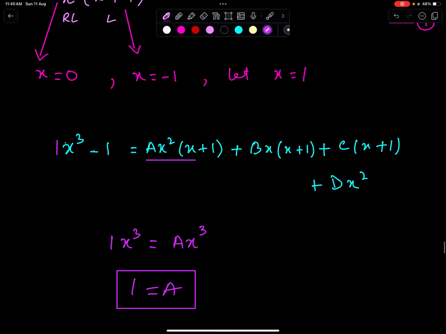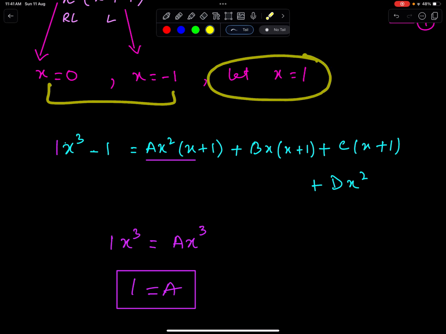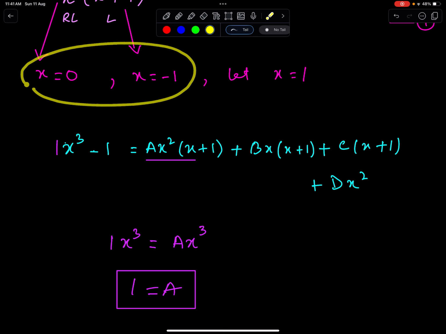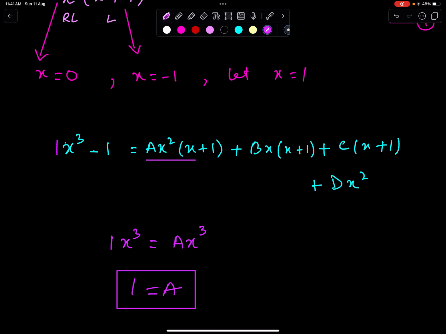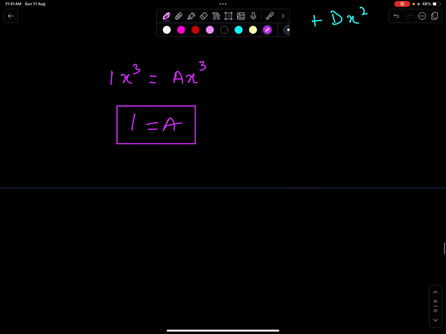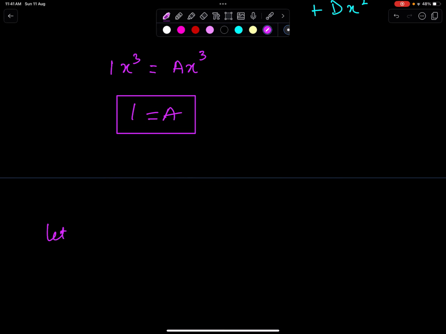Now let's substitute these two values randomly, one by one, and we will substitute this value at the end because we suppose this value, and we got these two values directly from the factors. So the order of substitution for these two values is not important. We can substitute any of these values at first. So let x be 0.